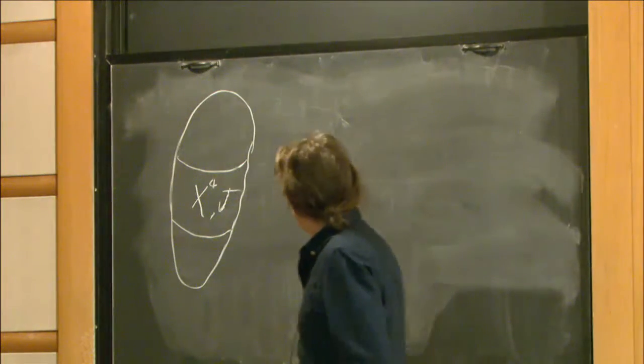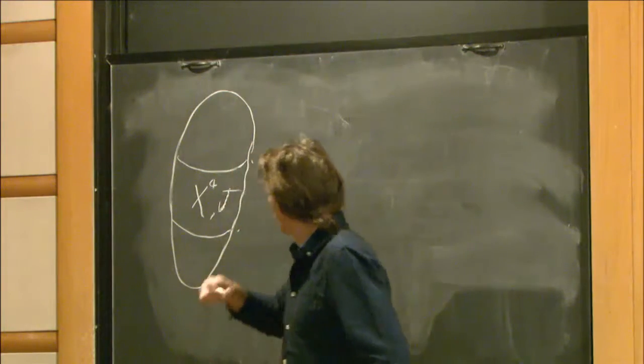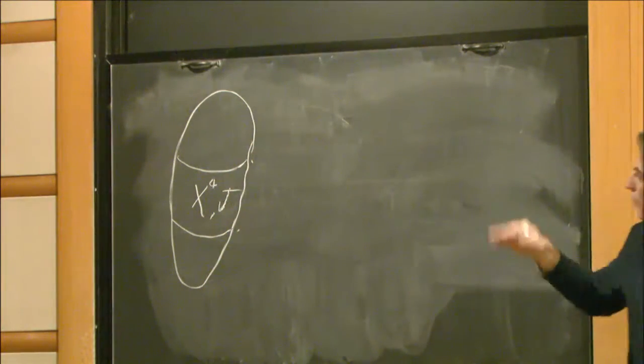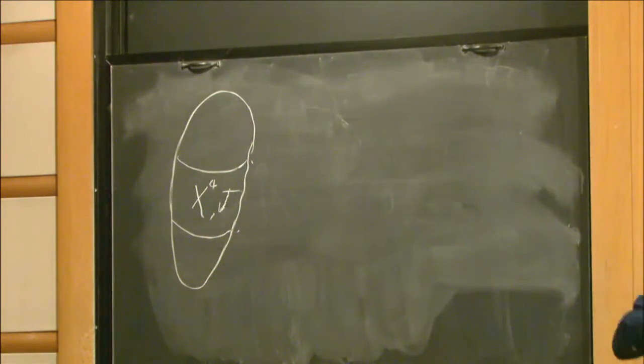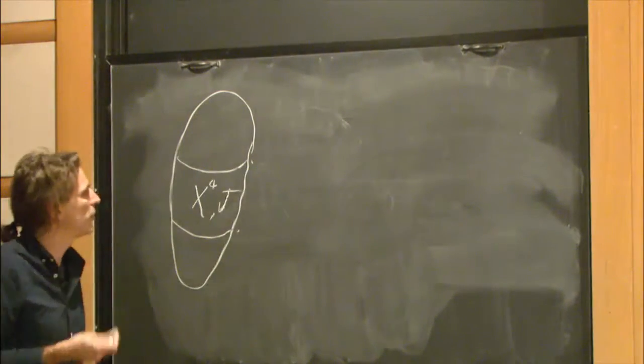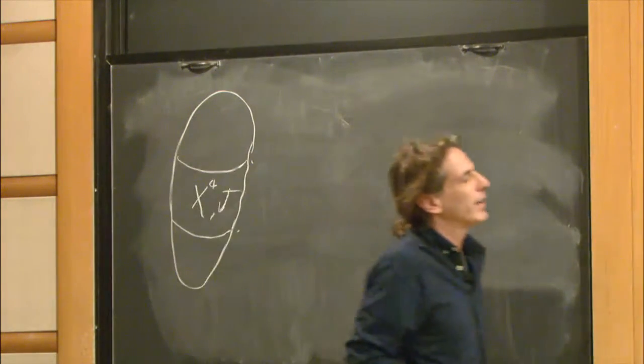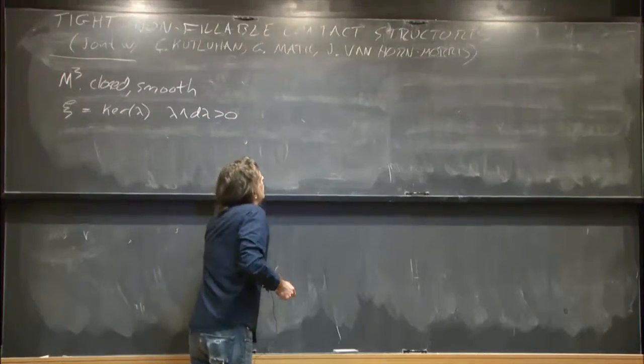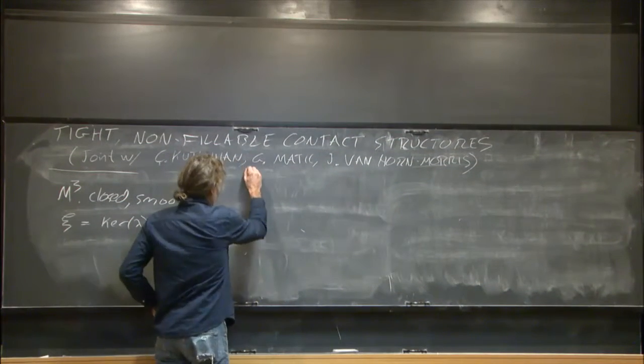Doing so, what you get is contact manifolds on the boundary. And so you're keeping track of things by understanding these contact structures and maps between them induced by the cobordisms. So this brings the question of, given a contact structure, how much geometry can it keep track of? So how rigid is it?